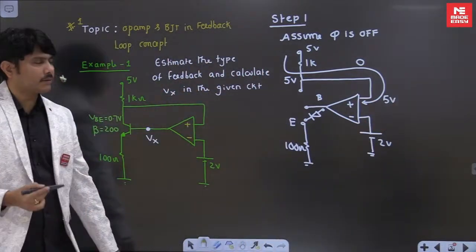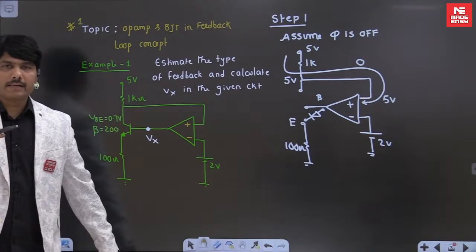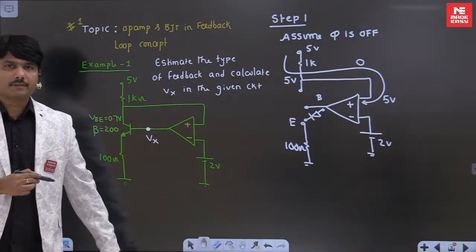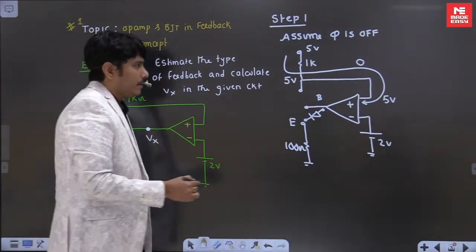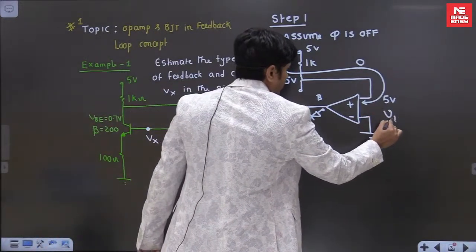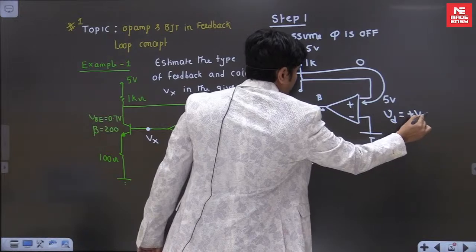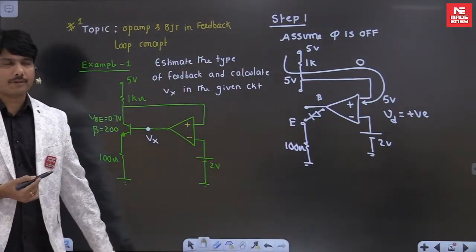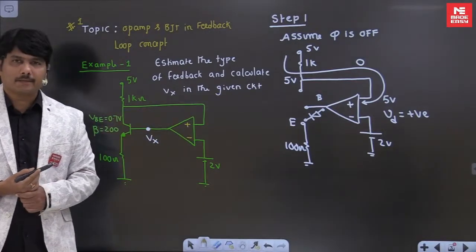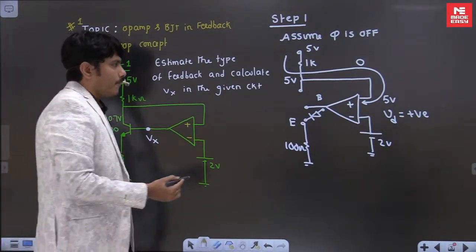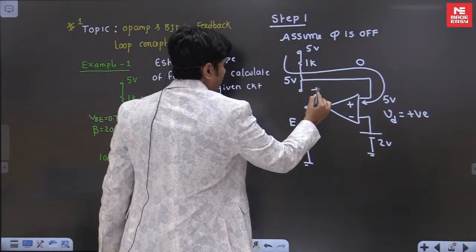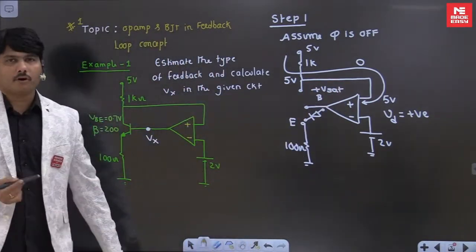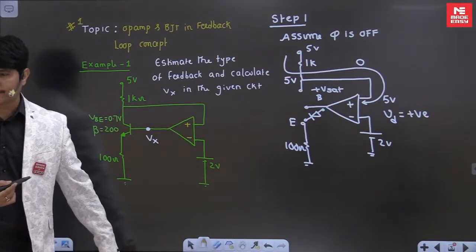So at the non-inverting side we have plus 5 and at the inverting side we have plus 2. So you can check whether the difference is positive or negative. The difference is coming as a positive value, because on the positive side we have higher potential and on the negative side lower potential. When VD is positive, the output of the op-amp will be plus V saturation. Like this you can easily find the output of the op-amp in an open loop system.